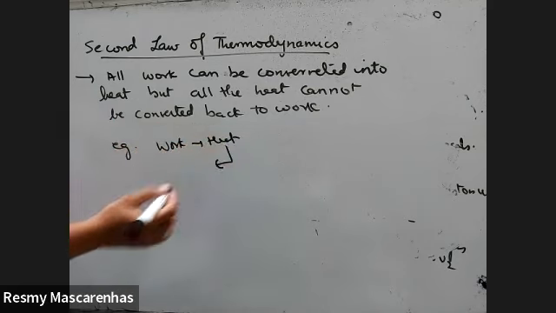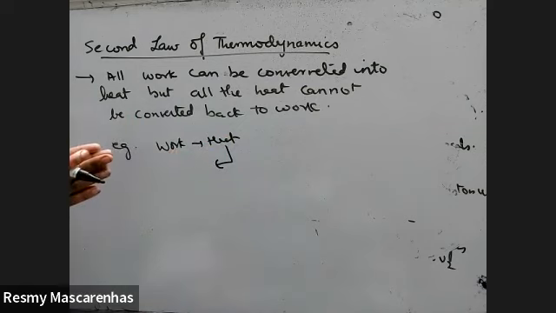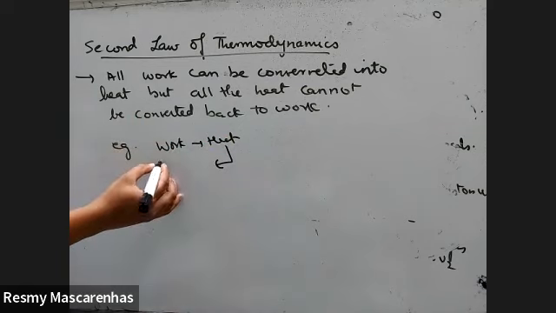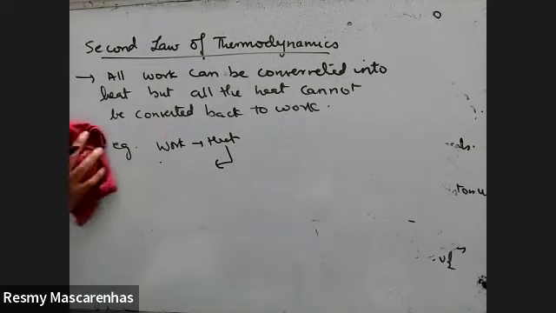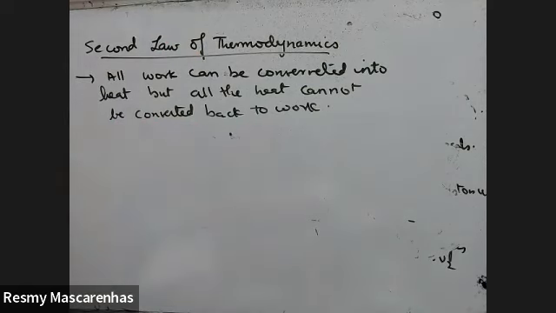Now if you put that same heat on your hands, will it make your hands rub on its own? No. This shows the second law of thermodynamics. Work can be converted to heat, but that heat, if someone gives it to your hand, will not automatically do work. Now, based on this law, we'll see what a heat engine is.